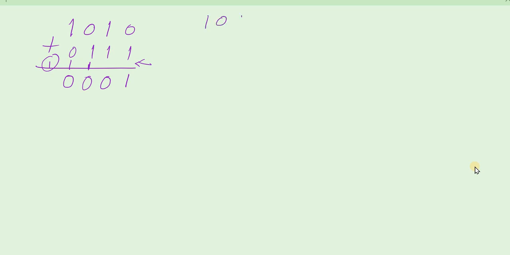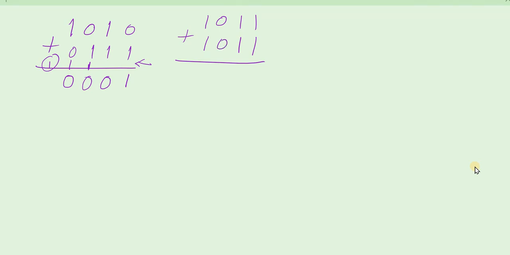So suppose 1011 plus 100. Suppose these two numbers we add. I want a bigger number, with double carry actually. So let us change this number to 011. 1 plus 1 is 0.